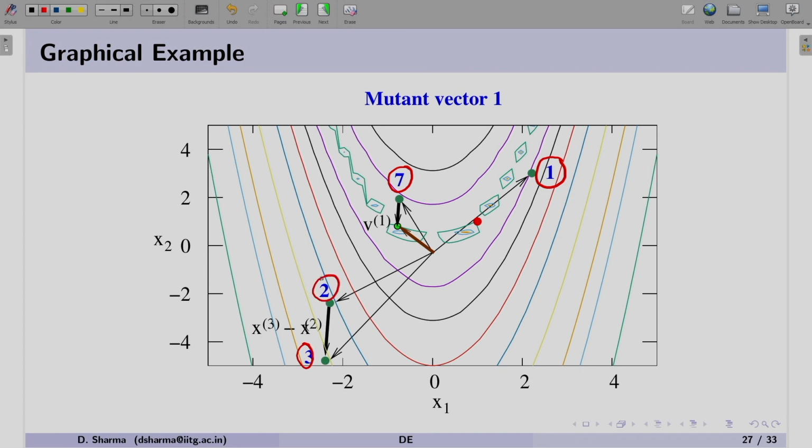What we are going to do is first find the difference between the two vectors, which is x3 minus x2, and then multiplying with F, we add this vector to vector 7. That is going to give me my first mutant vector v1, and that process will happen for all the target vectors in the population.